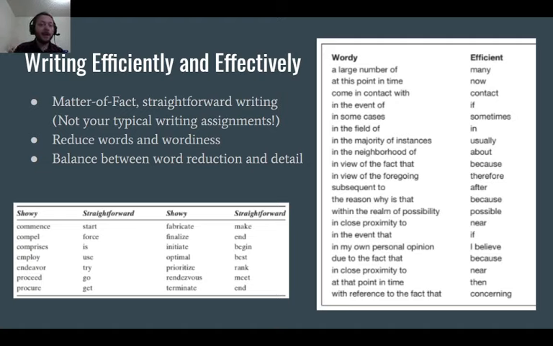Why say commence when you can just say start? Or fabricate, a showy word; the straightforward version is make. People of all backgrounds, education, and technical fields will have a much higher chance of understanding what you're trying to communicate.